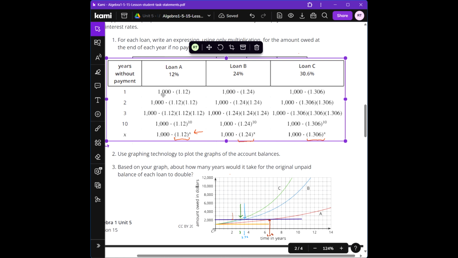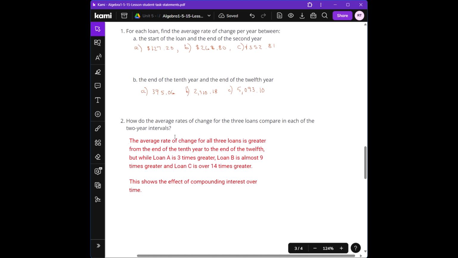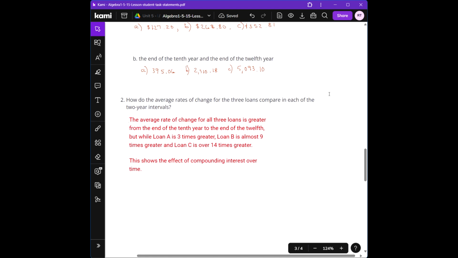If you have $1,000 and you can invest it in something that earns you 12% interest, which is really, really hard to find, if at all, you're going to have that amount of money. So it can be good or bad depending on if you have a loan or if you're able to invest something.